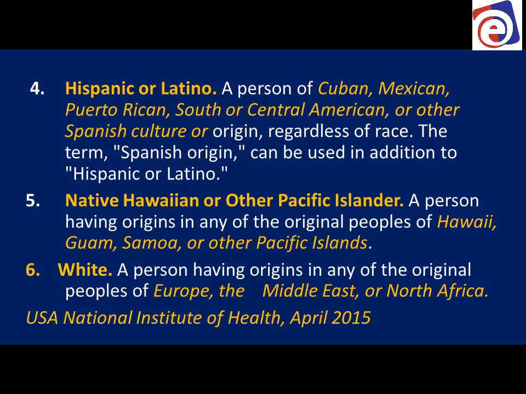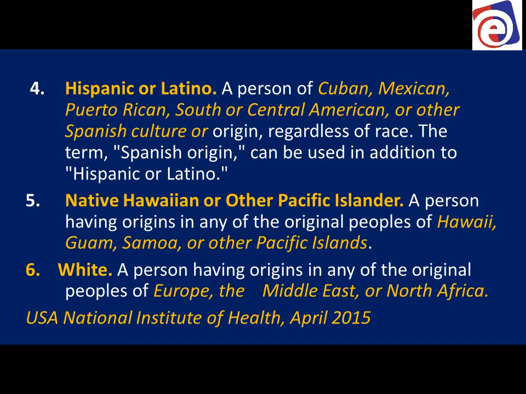So say this with me. Native Hawaiian or other Pacific Islander. A person having origins in any of the original peoples of Hawaii, Guam, Samoa, or other Pacific islands. And number 6 is white. Okay, so a white person is having origins in Europe, the Middle East, North Africa, United States, of course.